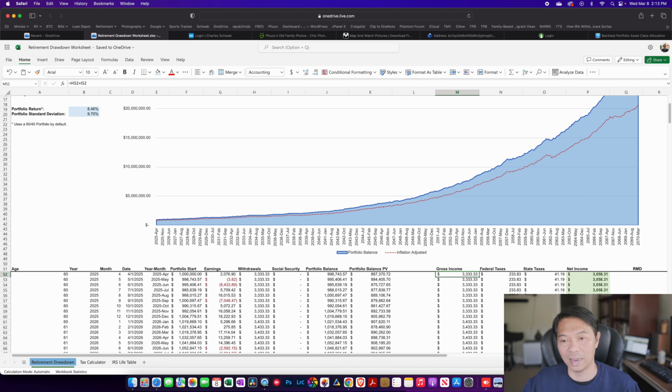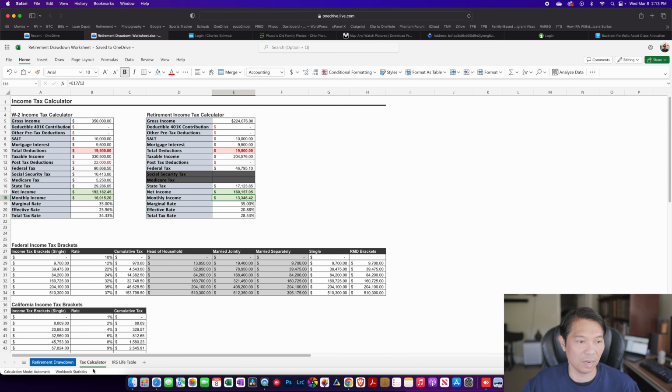And then on the next section over, you have your gross income, and it calculates federal taxes, state taxes, and then gives you a net income. It also calculates RMD. And the way that it does the taxes and the RMD is that it uses this sheet right here, which is called the income tax calculator, and it is using the current federal tax bracket. You can certainly update this as you need it.